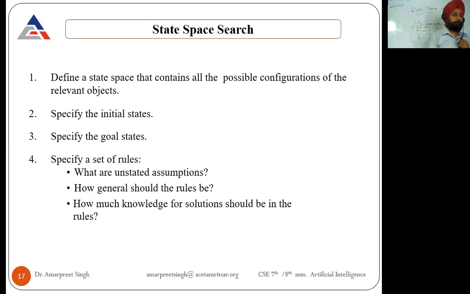Now, what is state space search? If you talk about any problem like chess, you have many moves from both opponents. The initial state is there, then a move will lead to state 1, another move to state 2, state 3, state 4, state 5, state 6, state 7, and many states, say SN.